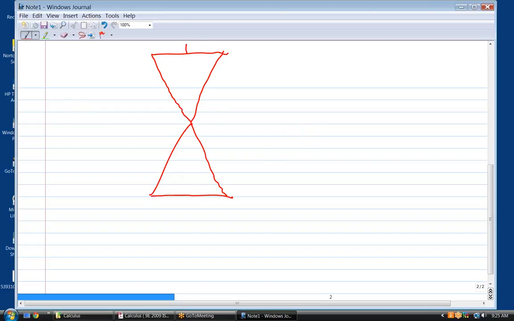If I slice it here, I just get a straight line. If I slice it there, I get a straight line. So if the plane goes through the vertex, you end up with a degenerative conic. Now, what the implications of that are, I'm not sure.